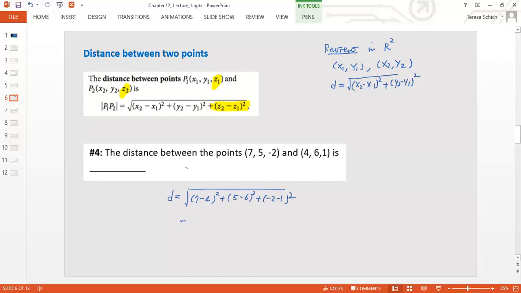So here it will be the square root of 9 plus 1 plus 9, right? So the distance here will be the square root of 19. So this is the easiest one, right?